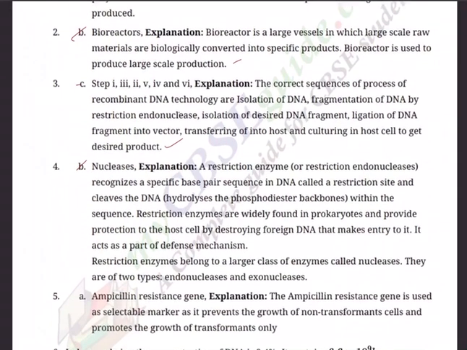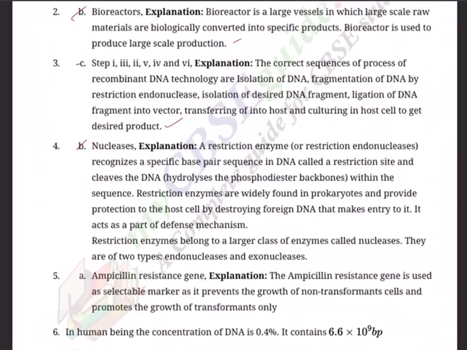Question number 4, B. Nucleases. A restriction enzyme or restriction endonuclease recognizes a specific base pair sequence in DNA called a restriction site and cleaves the DNA, hydrolyzes the phosphodiester backbones within the sequence.